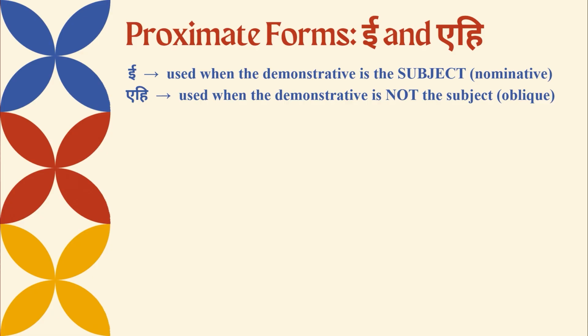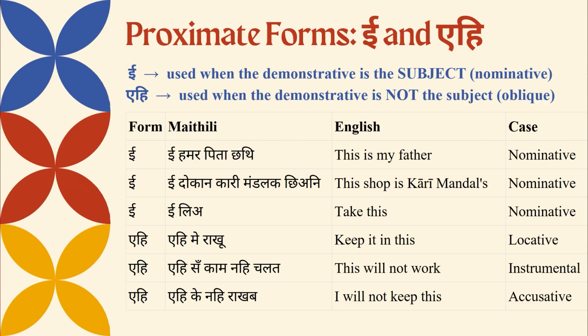So it can be the object or any other form, which in grammatical terms are called oblique forms. So let's look at the forms with a few examples. So these are all the proximate forms. In Maithili we'll say something like E hamar pita chhathin, E dokan Kari Mandalak chhiyani, E liya.